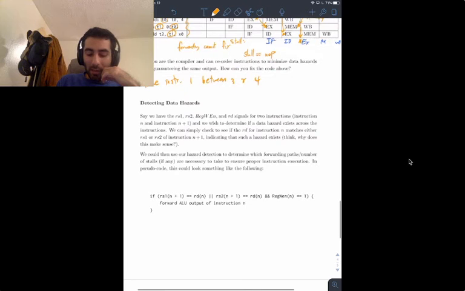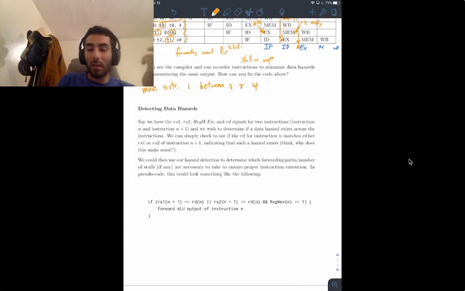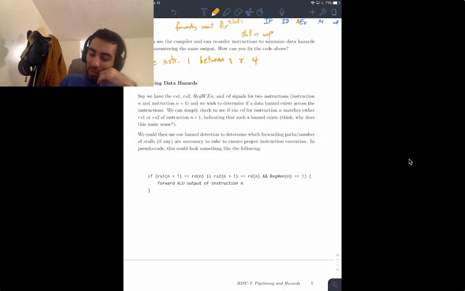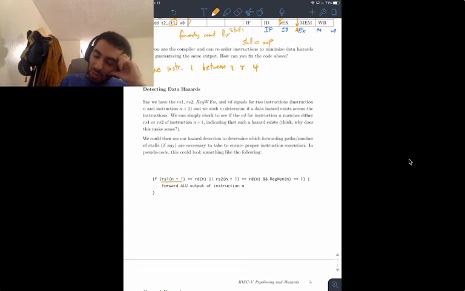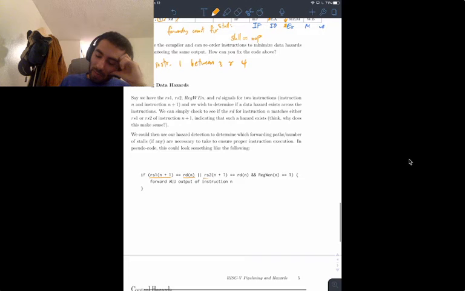This is the last thing we're going to talk about with data hazards: the logic inside. I talked about it before, right? You have access to all of these signals: RS1, RS2, register write enable, RD for two different instructions. Given all of this, how would you implement logic to tell us whether I should forward or not? We wrote it down here. If in the next instruction you're attempting to read from a register, either RS1 or RS2, that you're writing to in the previous instruction, then that's a data hazard.